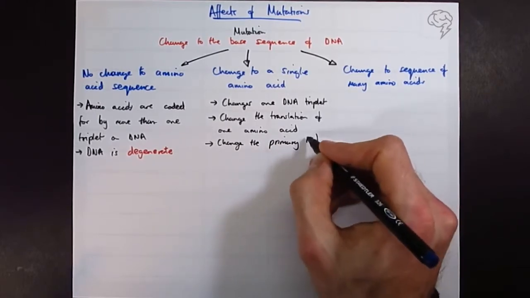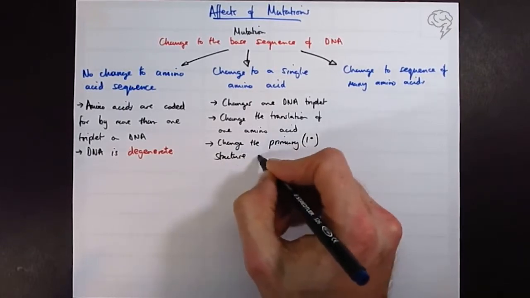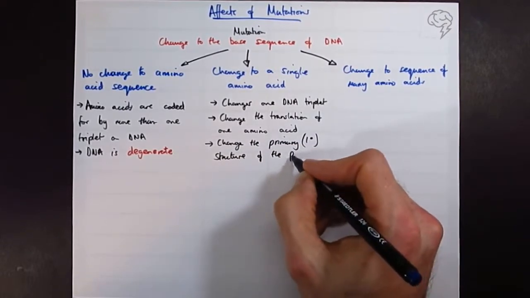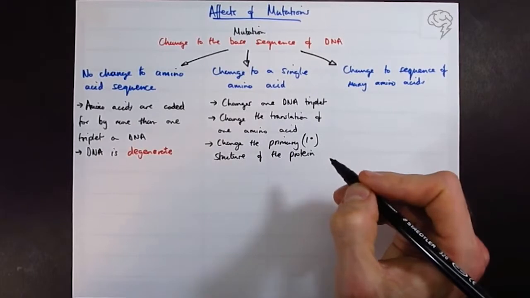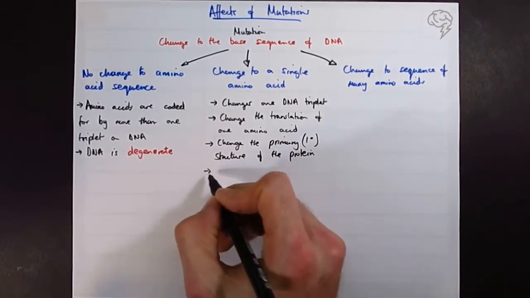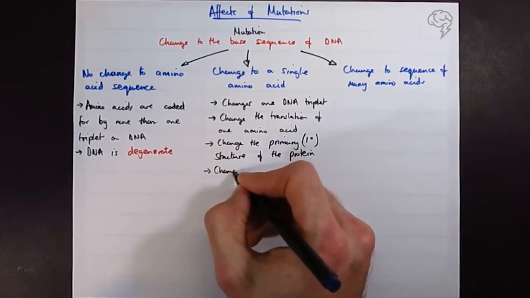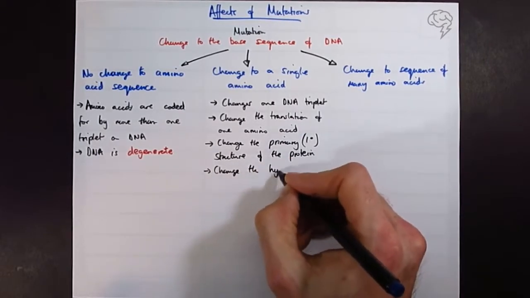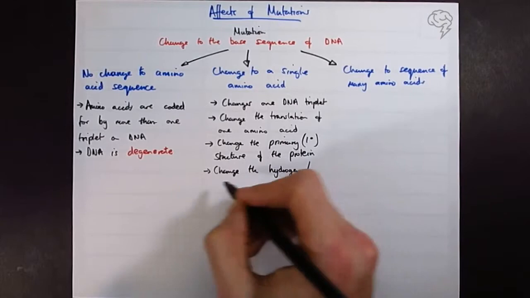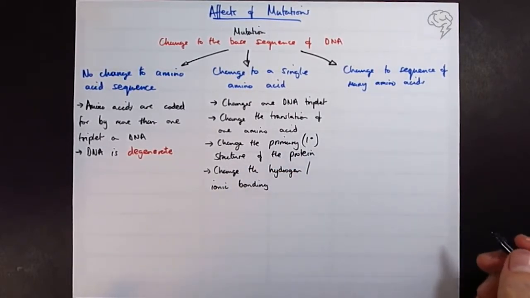I'm just going to put here 1', which is a shorthand for primary. I'm going to write protein just because I'm a bit tight on space. You could say polypeptide; they're kind of interchangeable at this point. So we change the primary structure of the protein or the polypeptide. What happens? Well, we're going to change the internal bonding, the hydrogen or ionic bonding is safest to say, within the molecule.